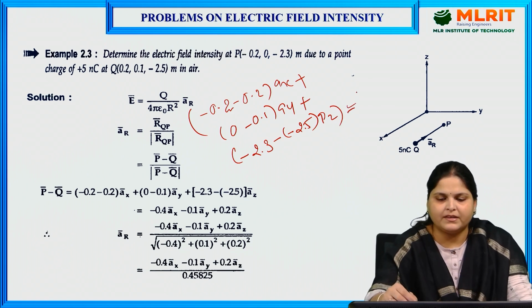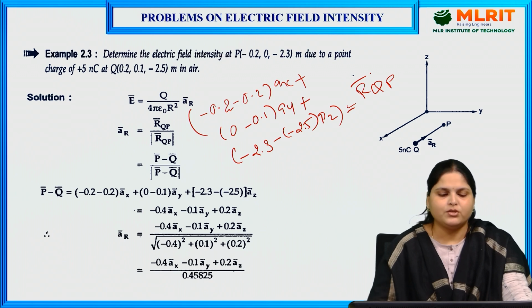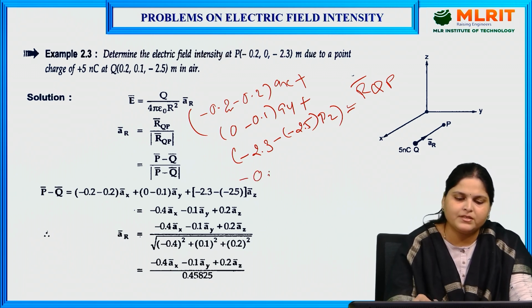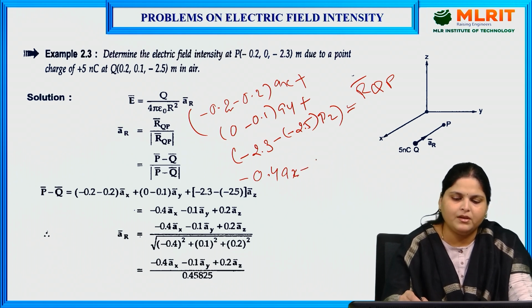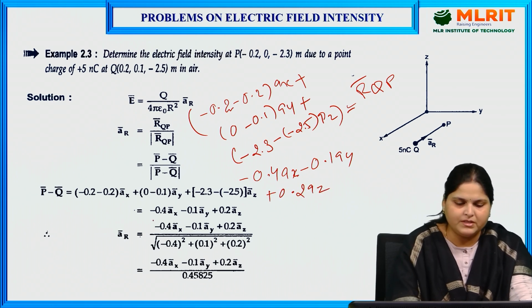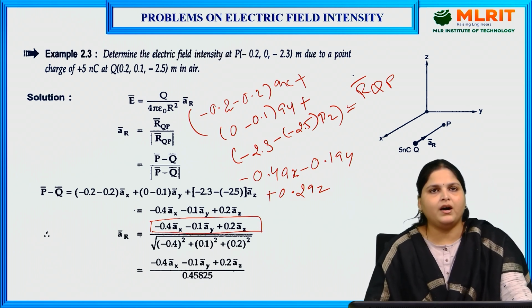This is vector RQP. On solving we get this will become minus 0.4 AX, this will become minus 0.1 AY, and this will become plus 0.2 AZ, which is written here, divided by, now we have to take mod of R QP.